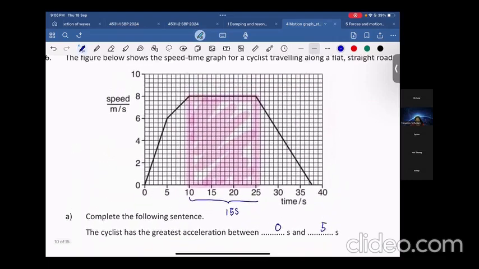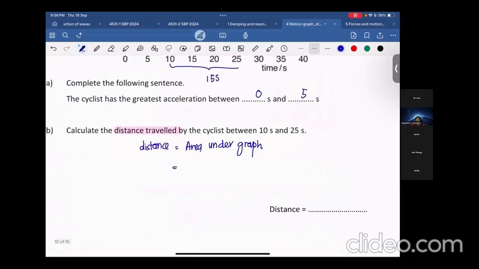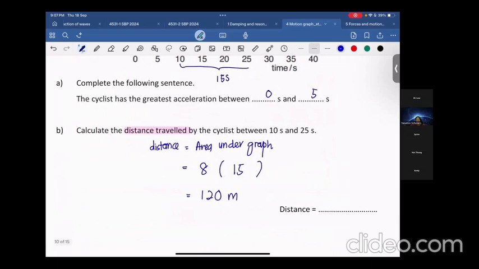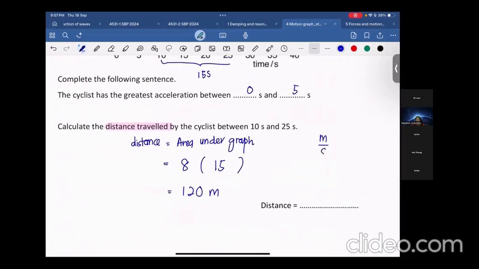Height is 8 meter per second, so it's 8 meter per second times 15. So your answer should be 120 meter. Why is meter? Meter per second times second, so second cancel, meter final. So it's 120 meter. This is two significant figure. Any question?